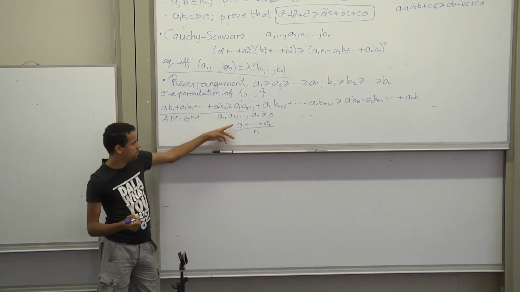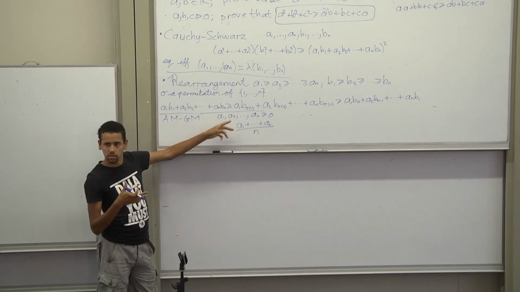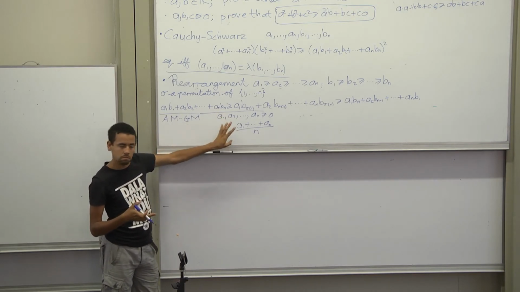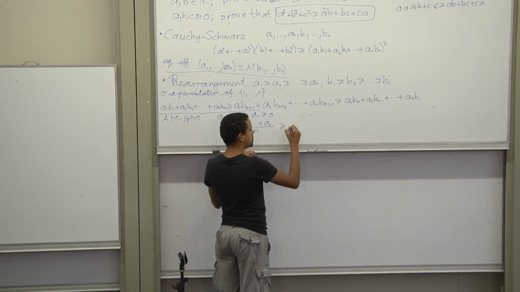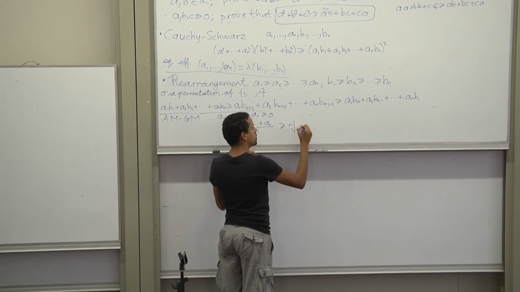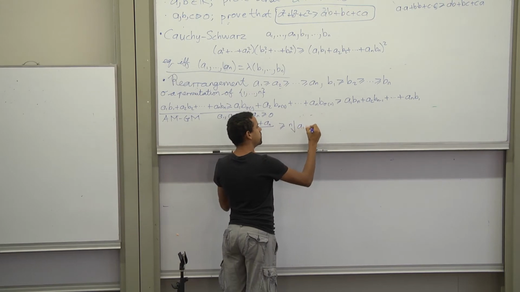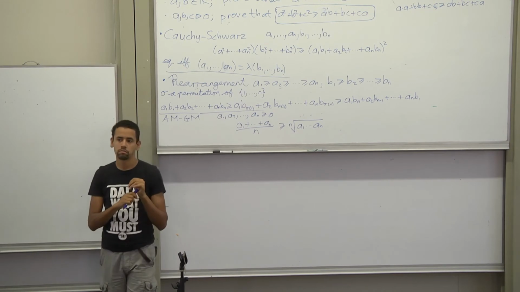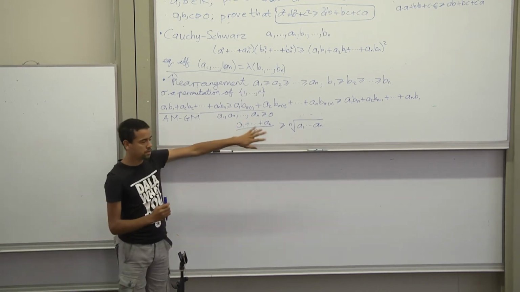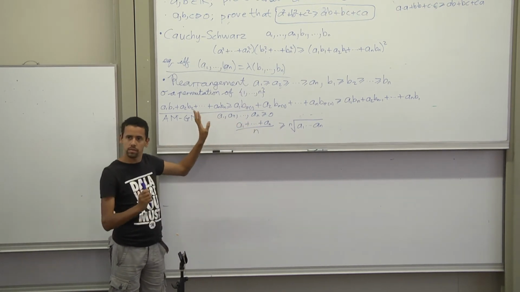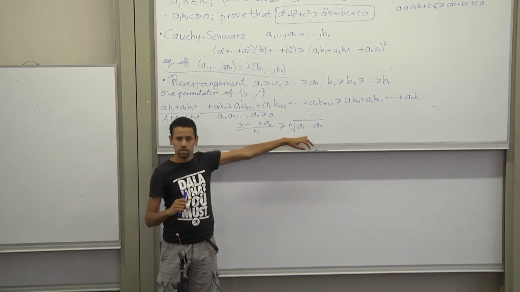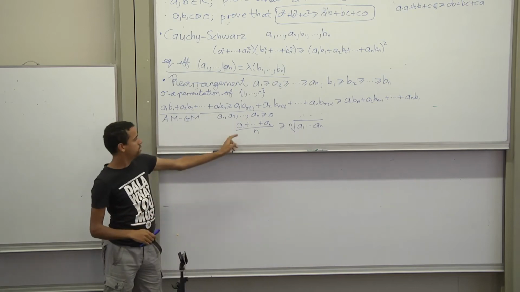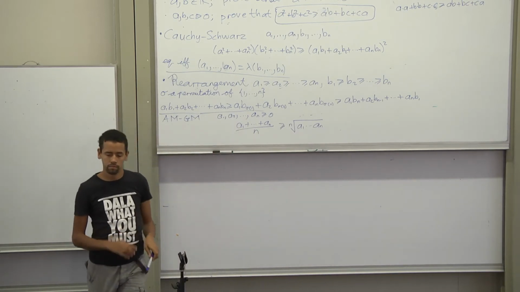That's one way of getting some sort of average of the numbers. That is greater than or equal to the geometric mean, which is multiplying all of them and taking the nth root. Both of these are different ways of getting an average of the numbers, and this average is always greater than or equal to this average. Arithmetic mean, geometric mean.